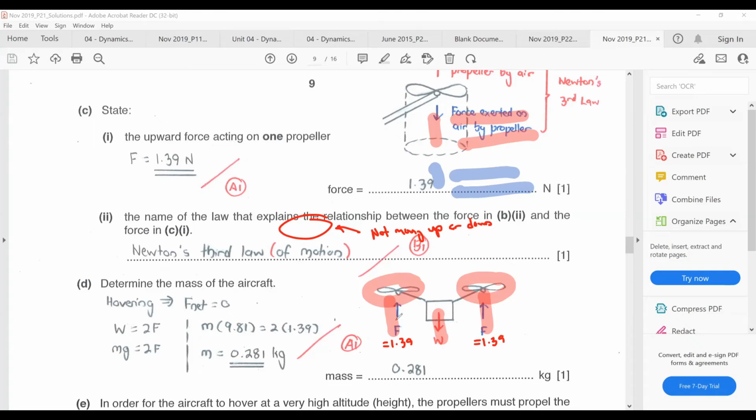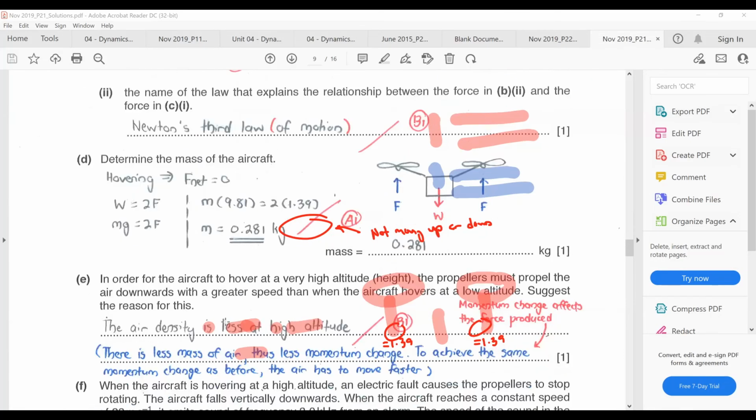The weight must be equal to 2 of the forces on the propeller. So you could say that W equals 2F, and the weight is equal to mg. Then you just substitute the values that you just found. So m times 9.81 equals 2 times 1.39, giving you a mass of 0.281 kg. All right.